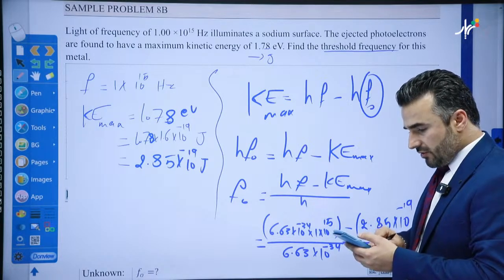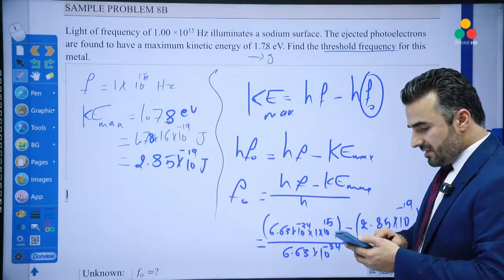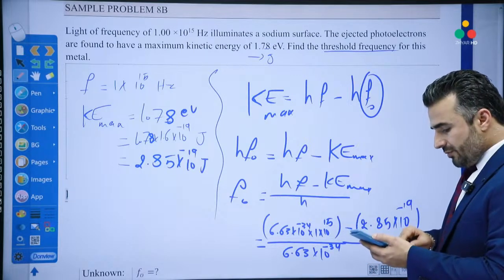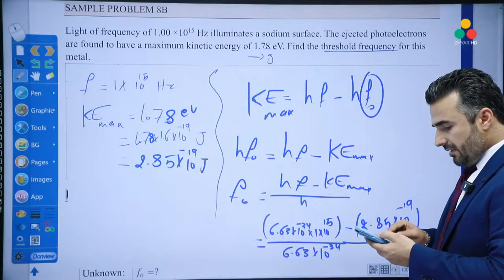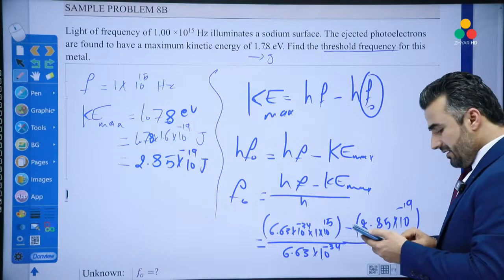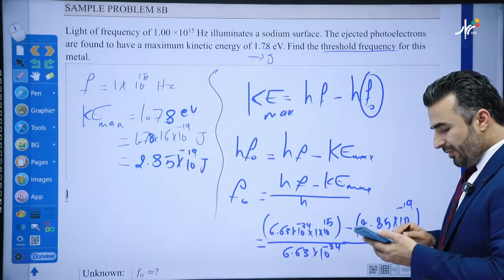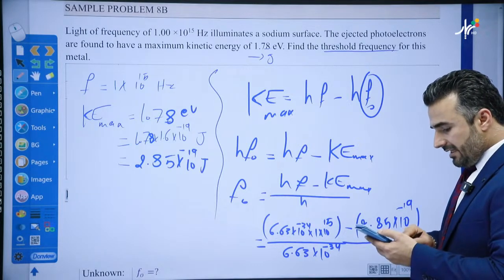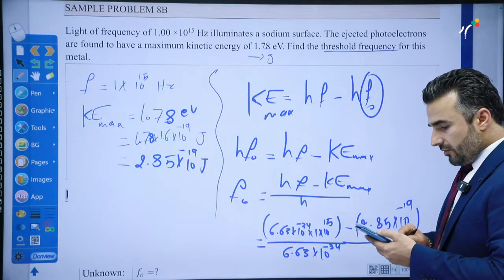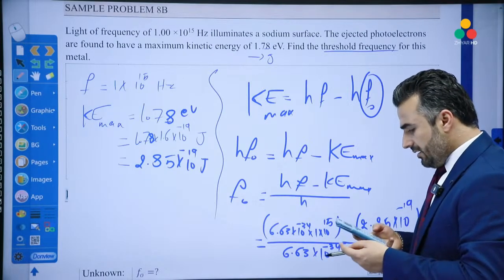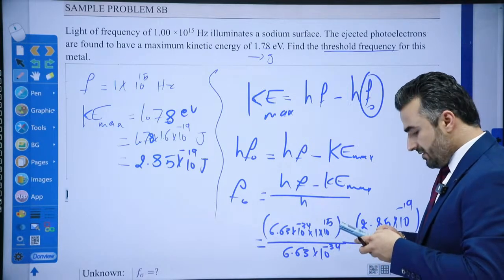Then of course now you can close brackets, and then we'll say minus the maximum kinetic energy, which is 2.85 by rounding, times 10 to the power negative 19. We can close bracket and then divide it by Planck's constant, which is 6.63 times 10 to the power negative 34. And then of course, okay, got a math error.